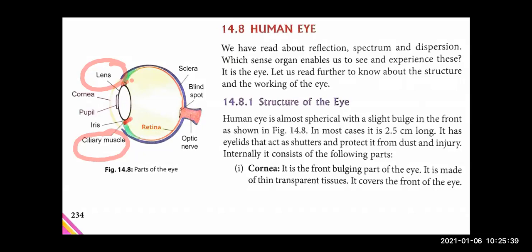When the ciliary muscles contract, the lens becomes thick, right? And when the lens becomes thick, the focal length of the lens becomes less, which helps us to see the near objects clearly.